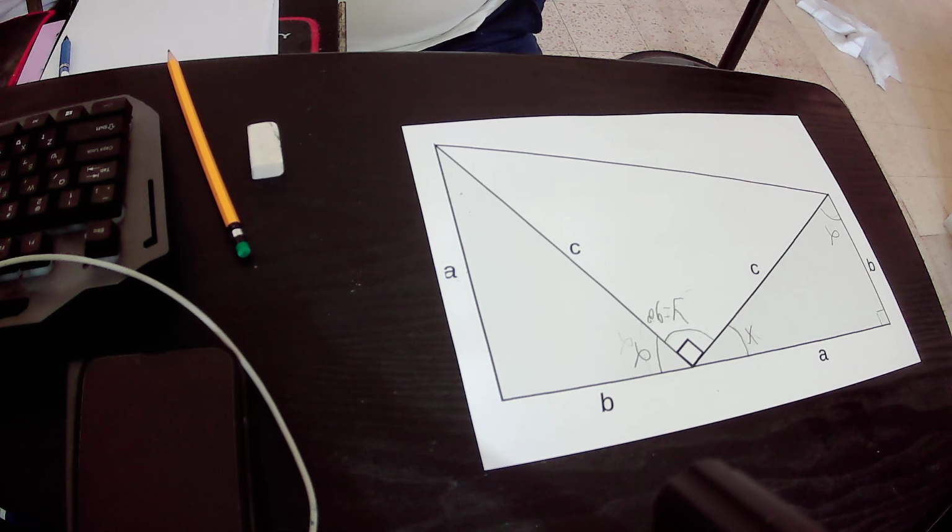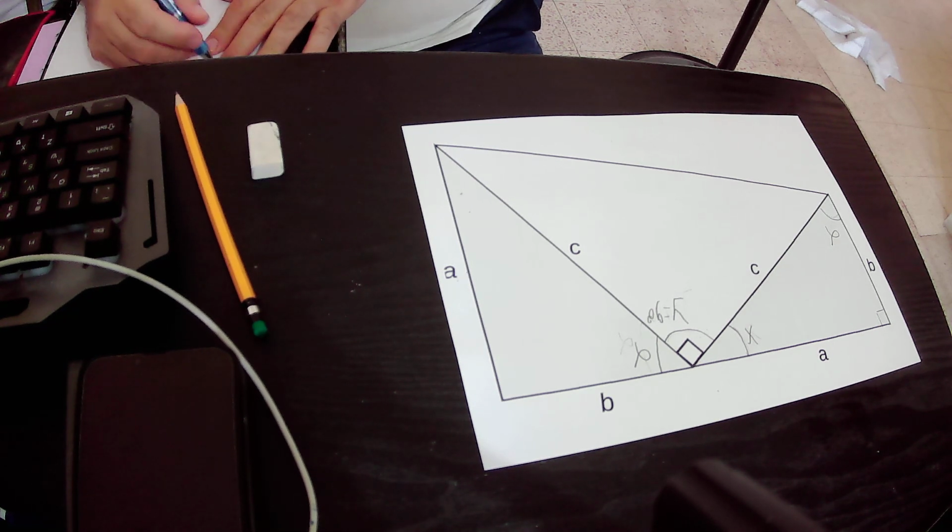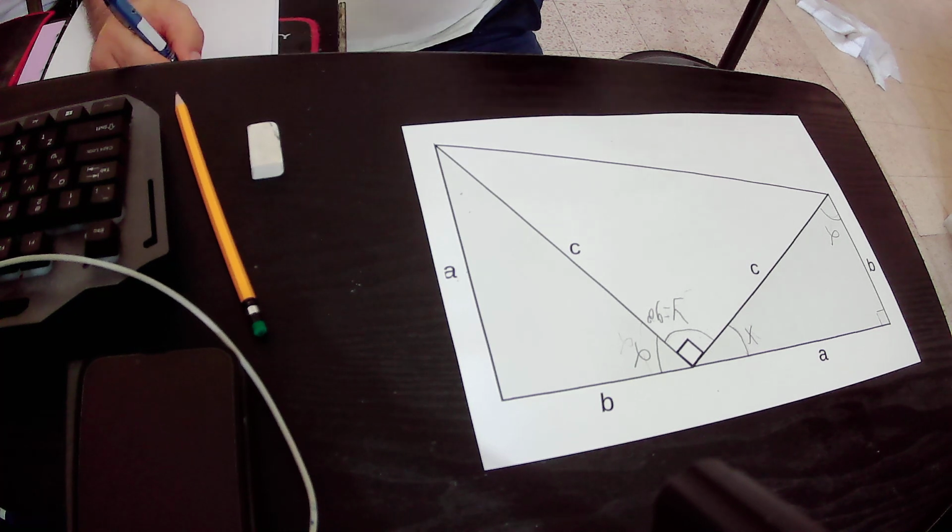This will be the third equation, and from that third equation we will derive the Pythagorean theorem. Okay, so we'll start with the first step. We will calculate the area of this trapeze.